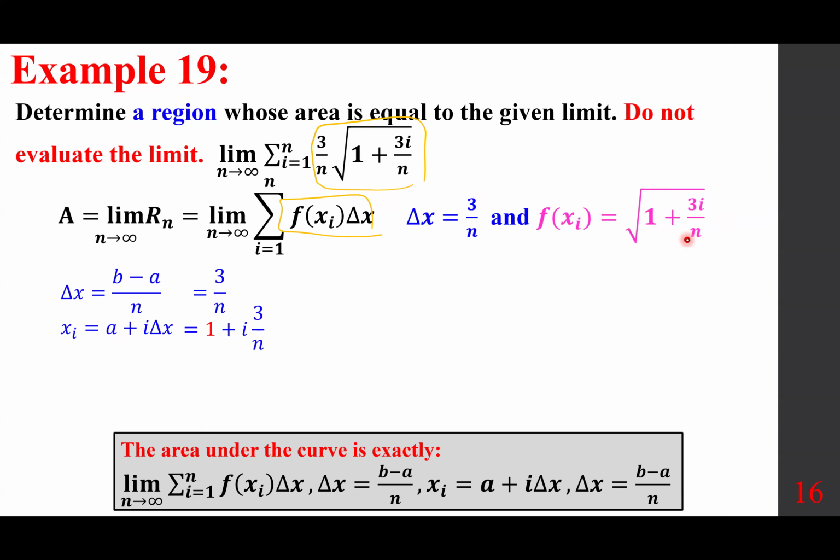If that is the case, and this is 3 over n, then 3 must be b minus a. And if this is a plus i delta x, then this must be a. So if b minus a is 3 and a is 1, then b must be 4, right?